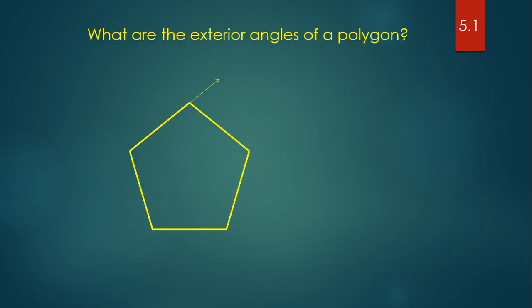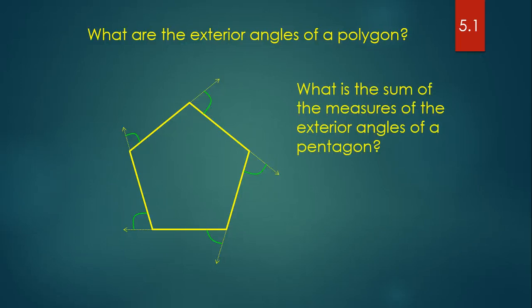So if we extend this side out, we can look at this angle as an exterior angle. And if we continue to do that all the way around, we'll find that we have 5 exterior angles on this polygon. If it happens to be a regular polygon, then all 5 of those exterior angles would be congruent.